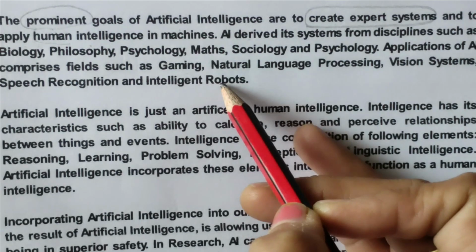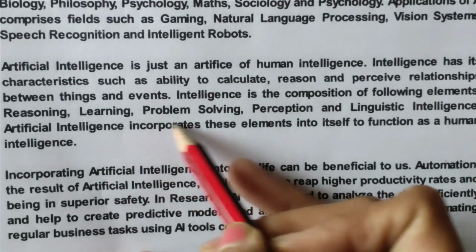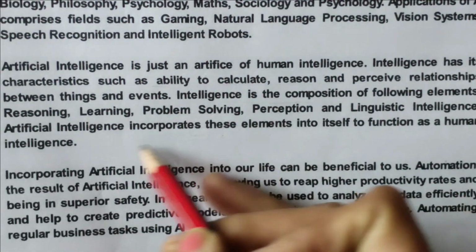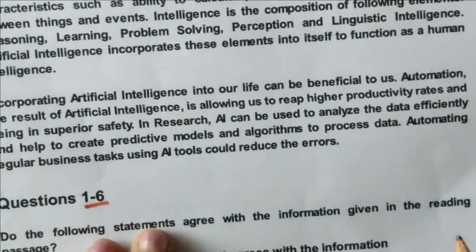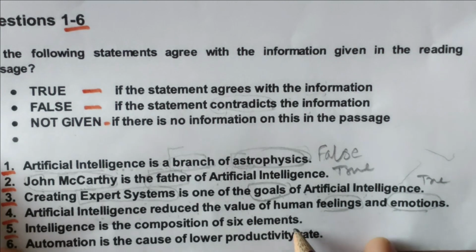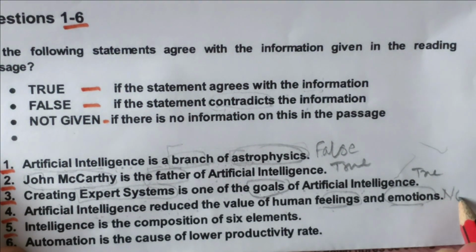Here in this paragraph nothing has been given about feelings and all. Your pencil should move like that, how I am doing it. So they have not given anything about whether it has reduced the value of human feelings and emotions, so we will just be writing not given.